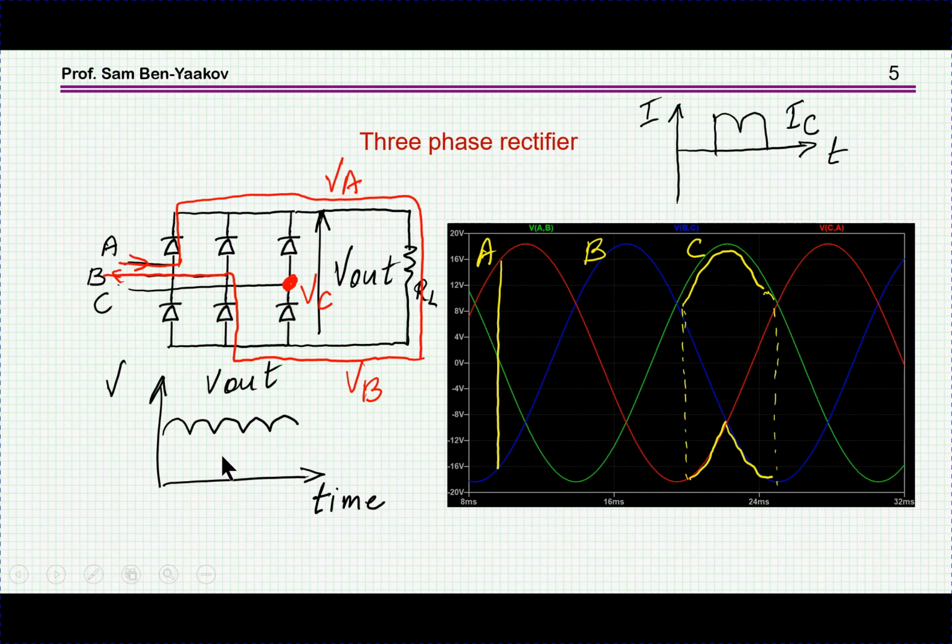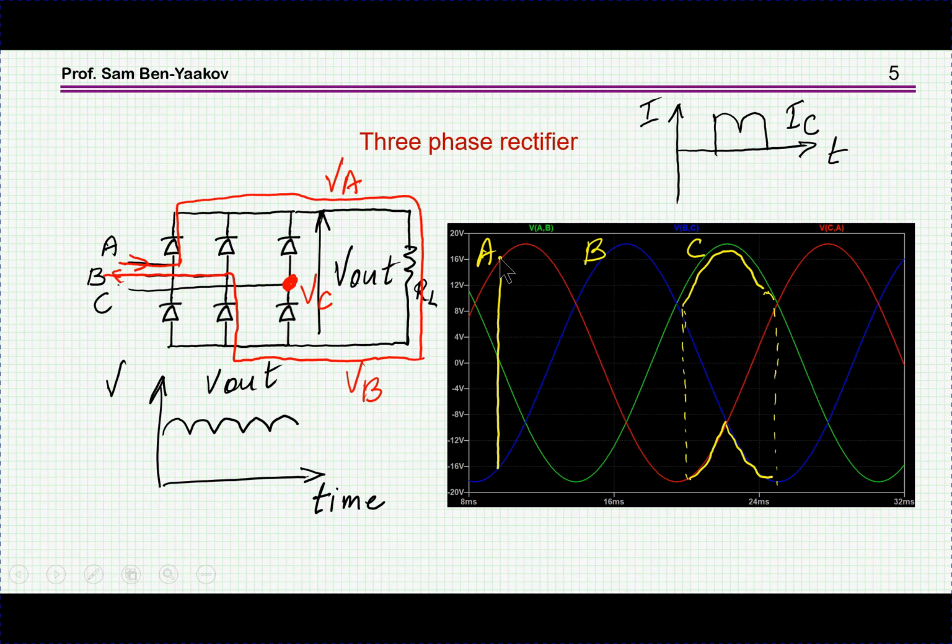Now I'm going to demonstrate the use of such a logic expression or logic-driven source on a three-phase rectifier. A three-phase rectifier with diodes would look something like that. We have here 3 phases, we have 6 diodes, and this is the load, and here are the voltages of the phases. And then these diodes will conduct when the voltage is in the forward direction, of course.